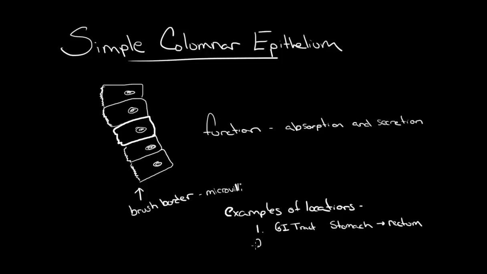Okay. We can also find it in the uterine tubes or the fallopian tubes. We'll call those the oviducts. And part of the uterus as well. We find it in the gallbladder.